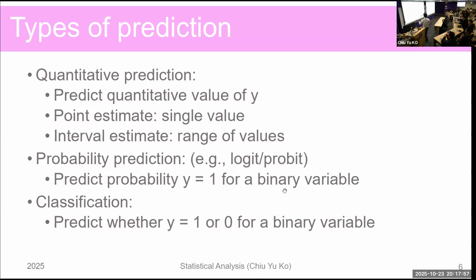The Y is a probability for a binary variable, whether yes or no, but you predict a probability over there, right? And classification is to force you to say 1 or 0, okay? But for our purpose, I only focus on the first one, okay? You learned it from another class already, okay? So I just focus on this one.